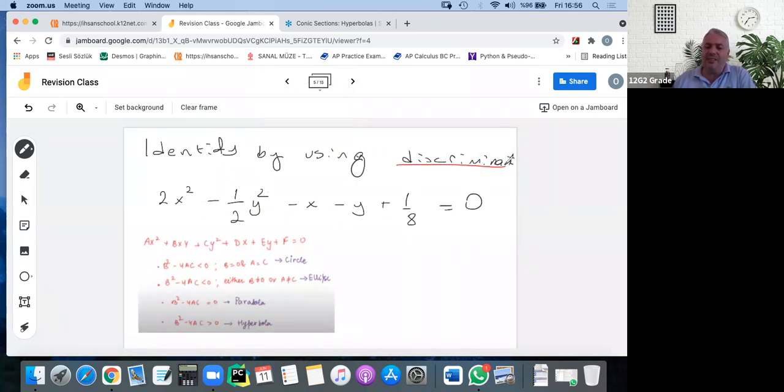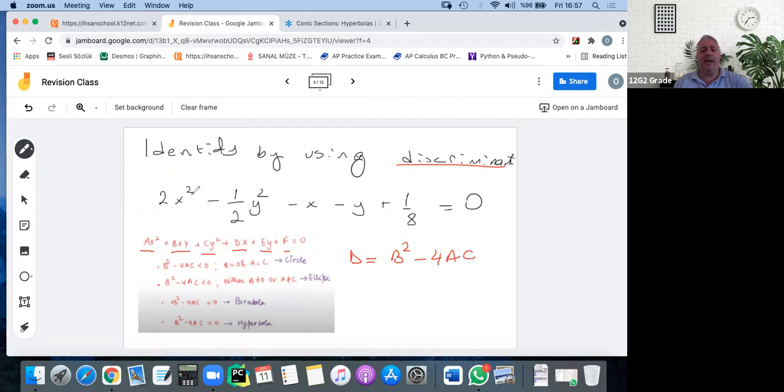So what is the discriminant? I just copy-pasted the formula quickly. Whenever we have a times x squared, b times xy, c times y squared, d times x, e times y, and f equal to 0, the discriminant, which is D, is equal to b squared minus 4ac.